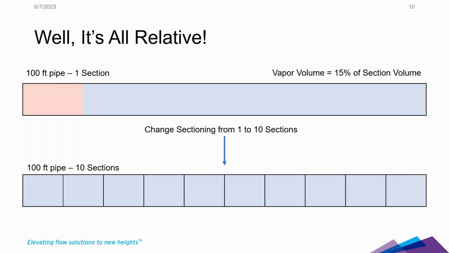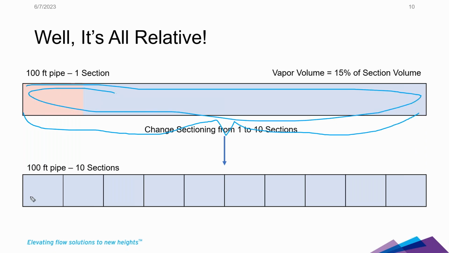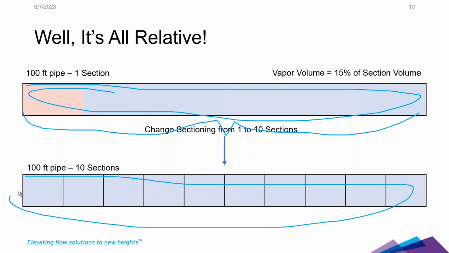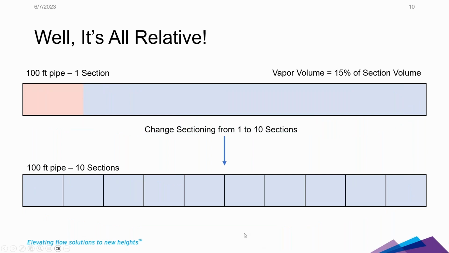It's the same pipe length that we saw before, 100 feet, but instead of one chunk, we're breaking this 100 feet up into 10 chunks. Now we get a critical warning message. And the critical warning message says, hey, your vapor volume is going to be 100% of the section volume.